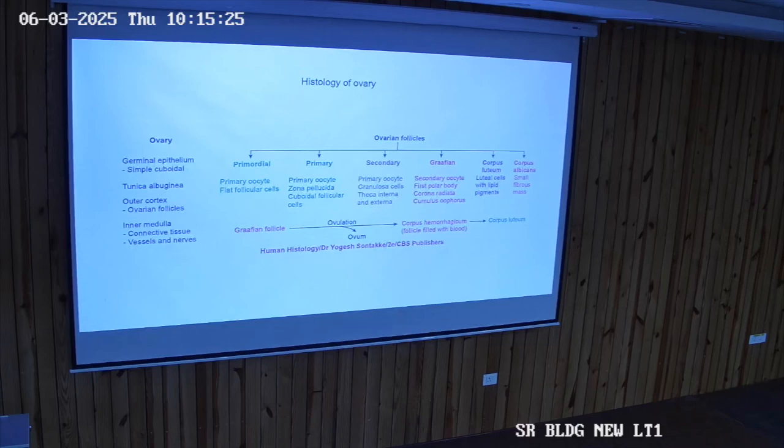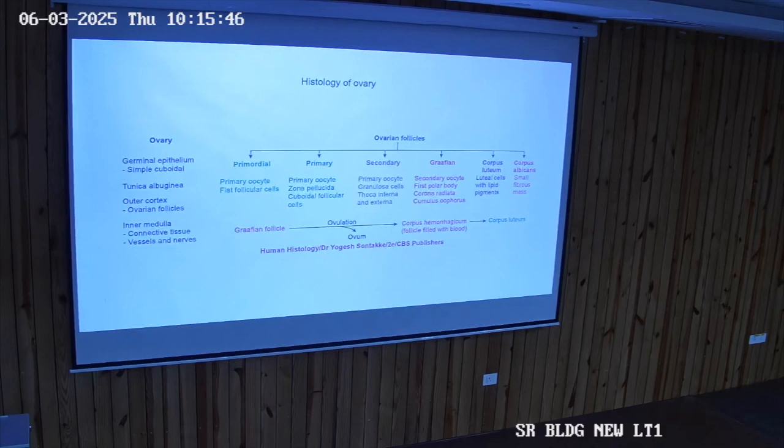Then the primary follicle, what does it contain? The primary oocyte and the presence of zona pellucida along with follicular cells which have changed shape to cuboidal epithelium.